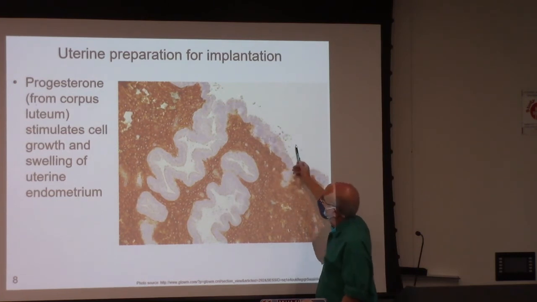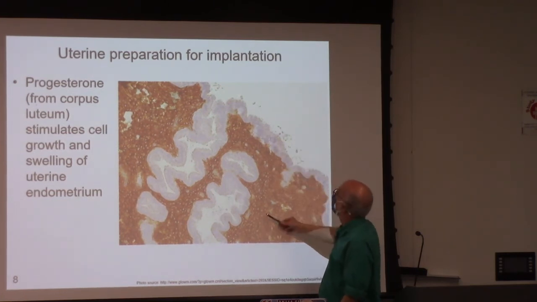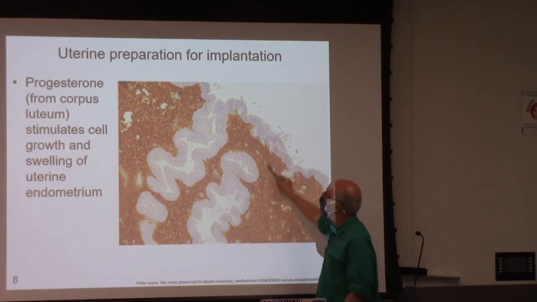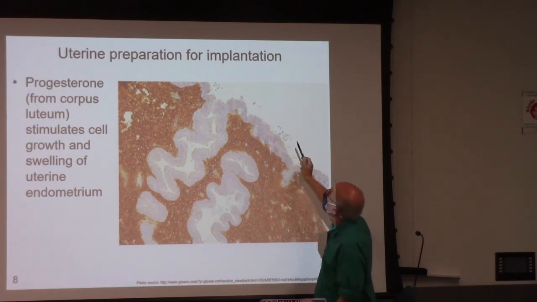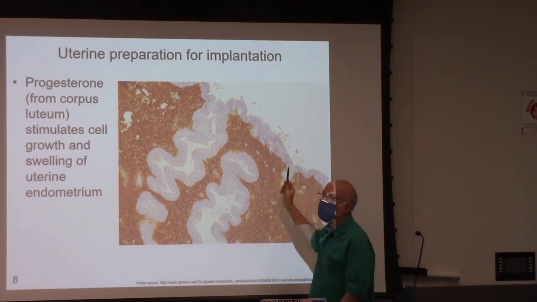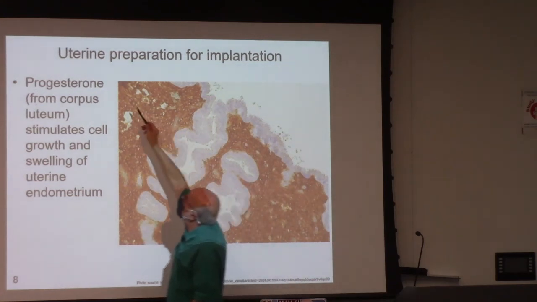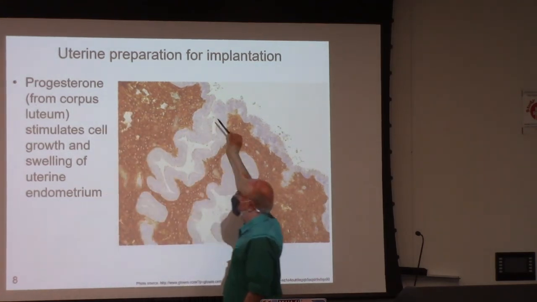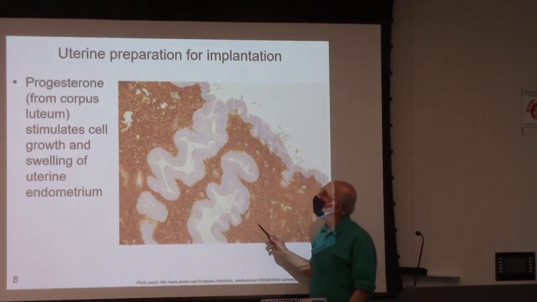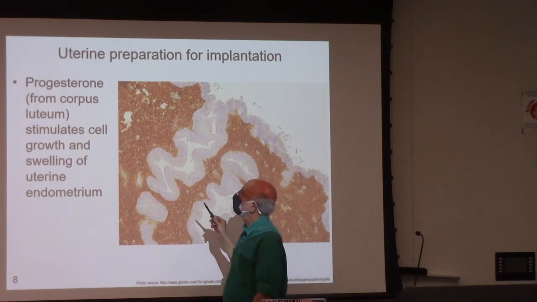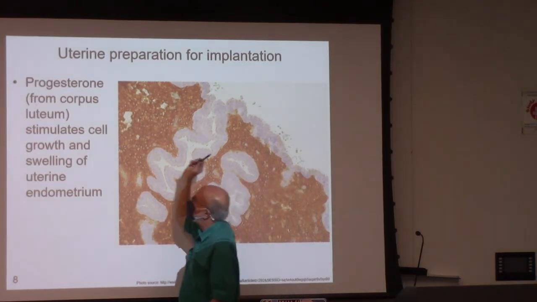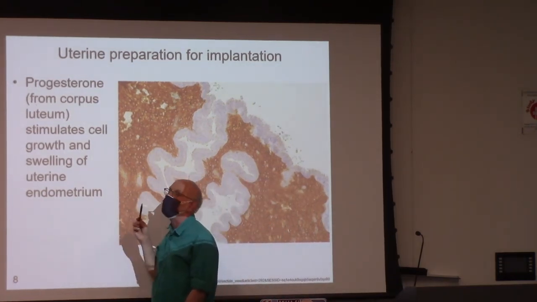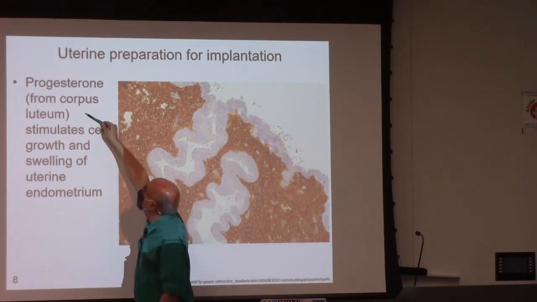So this is an image of the uterine endometrium. Well, I think it's the uterine endometrium. Maybe it's an image of the corpus luteum. In any case, progesterone from the corpus luteum sustains the uterine endometrium, and HCG from the endometrium sustains the corpus luteum.